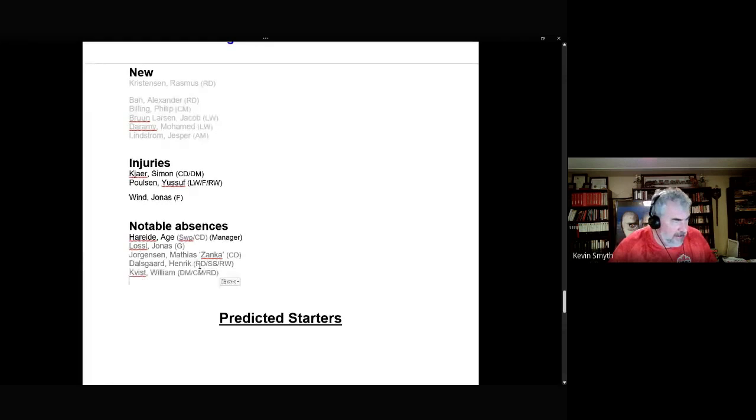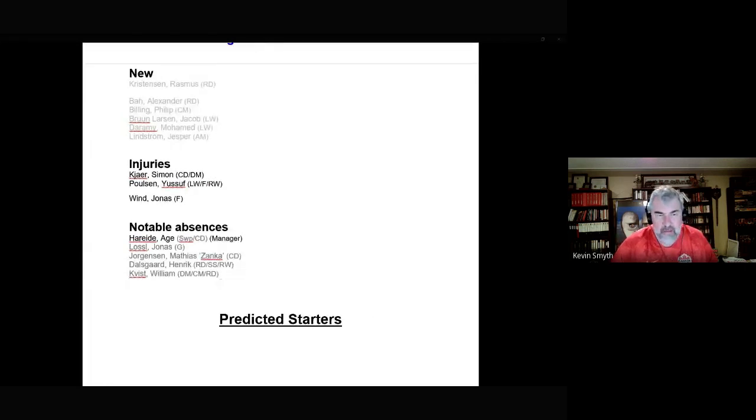William Kvist, we actually didn't talk about him in the player-by-player review, but William Kvist was on the team from 2007 to 2018 and had 84 caps with the national team, and he was a starter in the 2018 World Cup, but he got injured in game one in that tournament, so basically was out for the rest of the tournament.